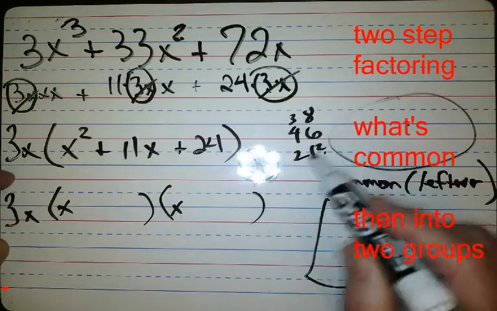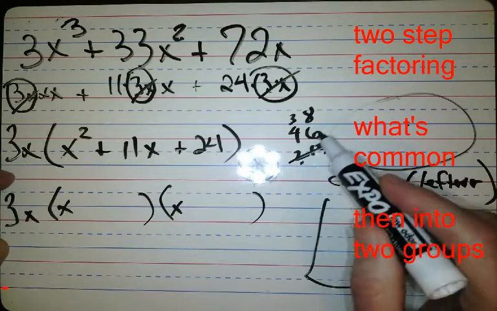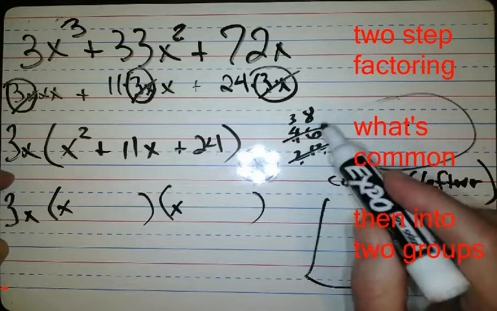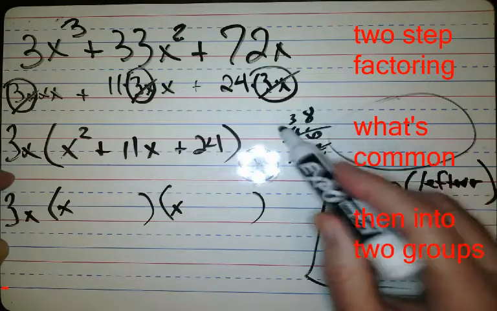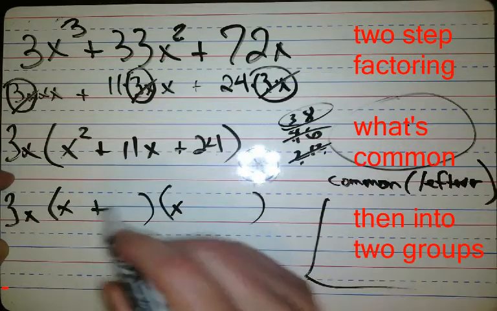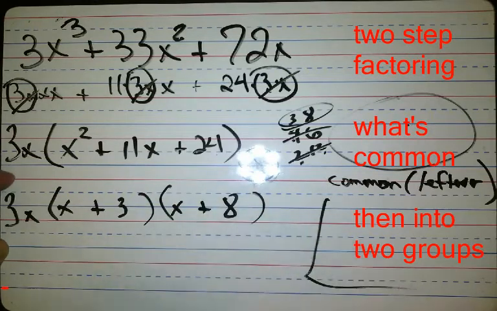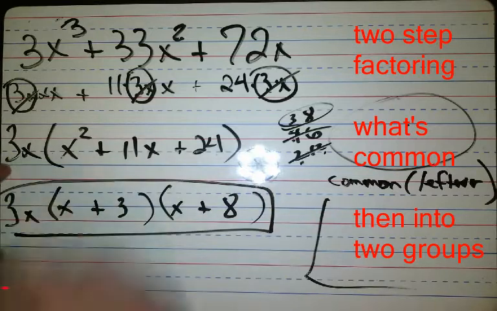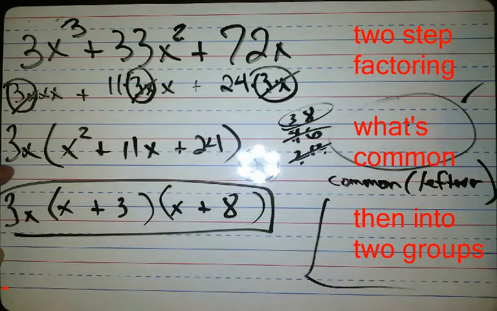Let's see, that would be 14, that's too big. I add them up, this would be 10, that's too small. 8, 9, 10, 11, oh my goodness, that's just right. There we go. So, we did it again. Factored out what's common, and then factored into two groups. That's what today's homework is about.